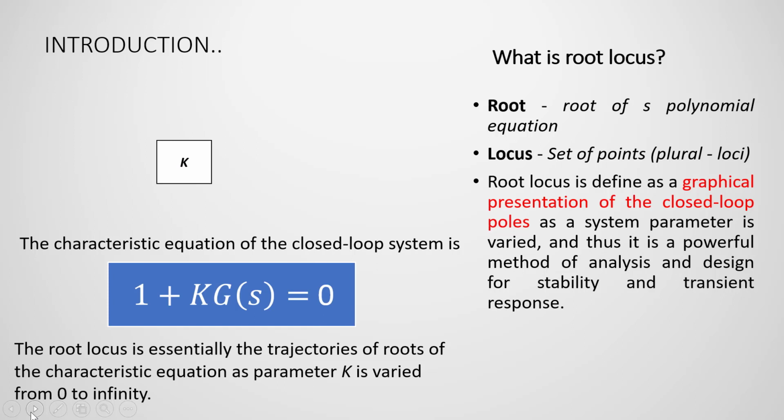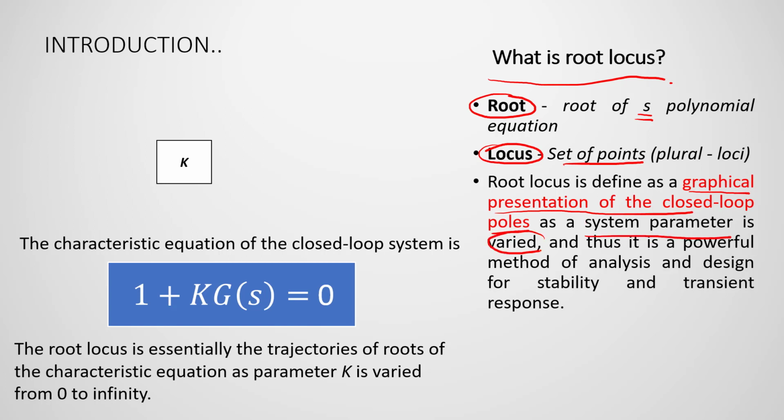So as an introduction, what is root locus? By words, root means the root of the S polynomial equation, and locus means a set of points. By definition, root locus is defined as a graphical representation of the closed loop poles as the system parameter is varied.